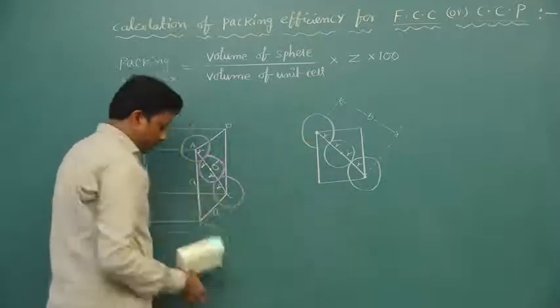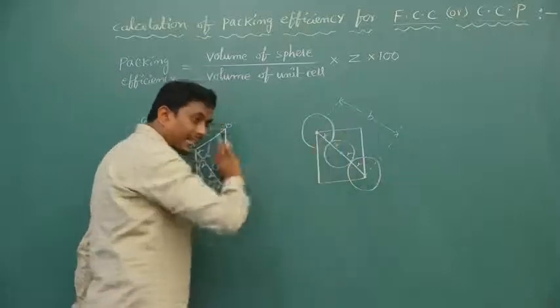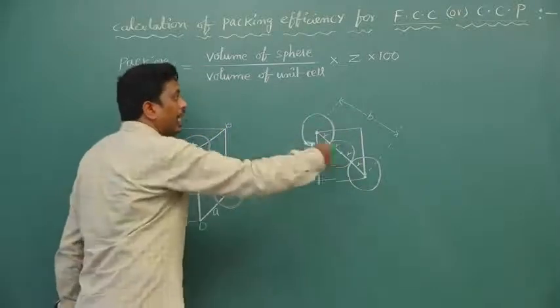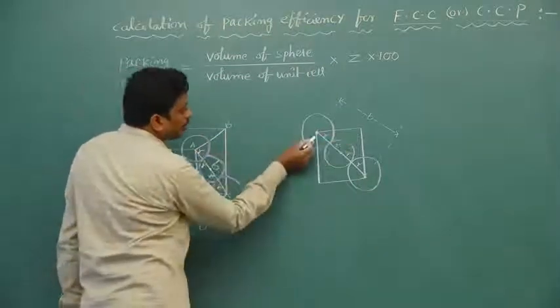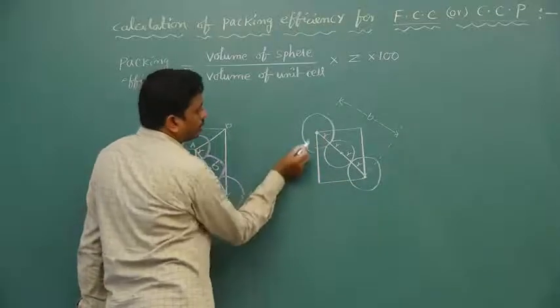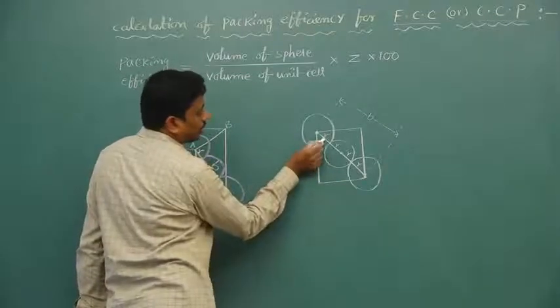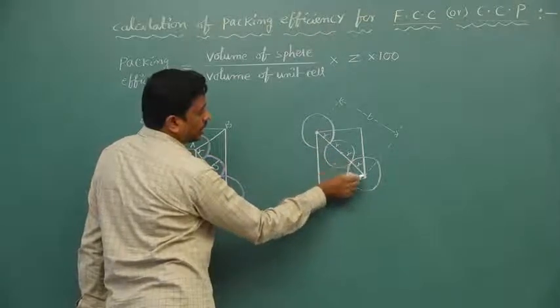These are edges. Along the face diagonal, spheres are in contact. And I am assuming the face diagonal is B. This B is not edge length. B here I am assuming as face diagonal. Once observe. When spheres are considered along the face diagonal, they are in contact. From here to here it is radius. From here to here it is radius. Here to here it is radius. Here to here it is radius.